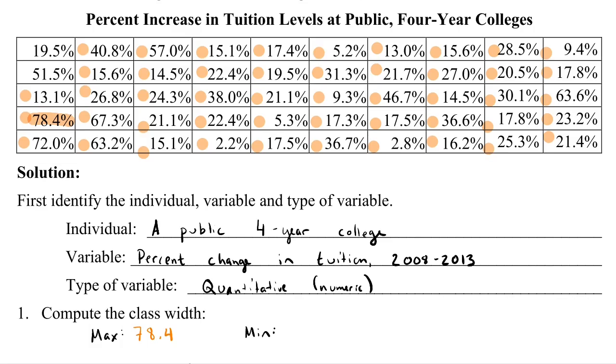Next, I want to find my minimum value. The value 2.2 jumps out at me as being especially small. So I'm going through the list and I'm looking for something smaller than 2.2. 0.8, that's still bigger.